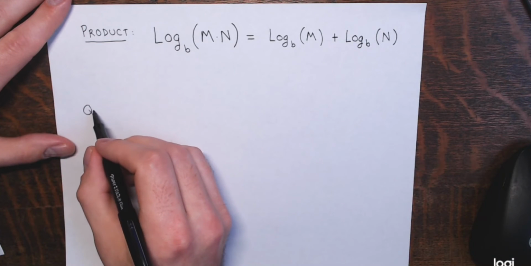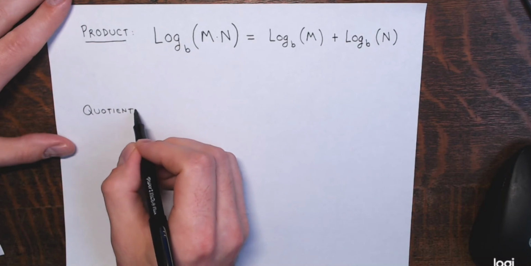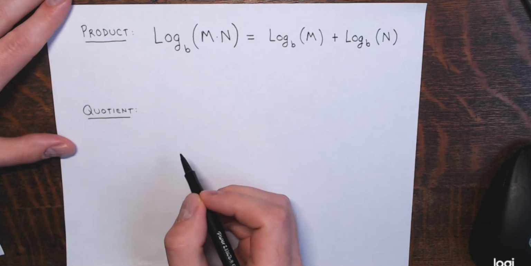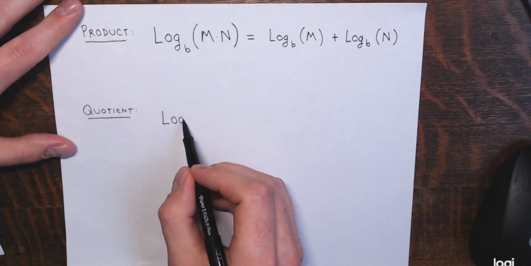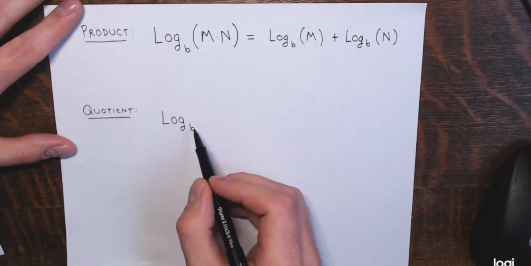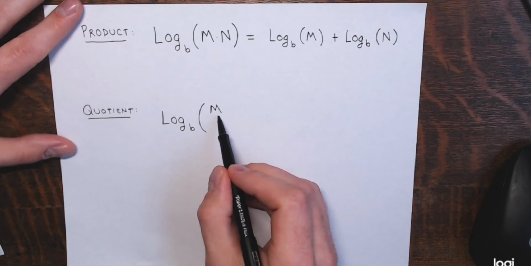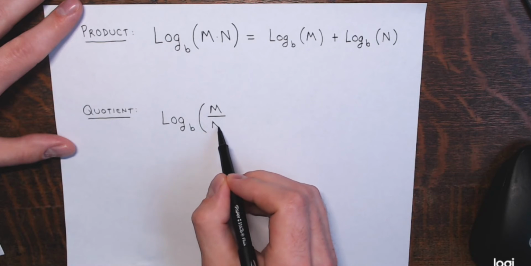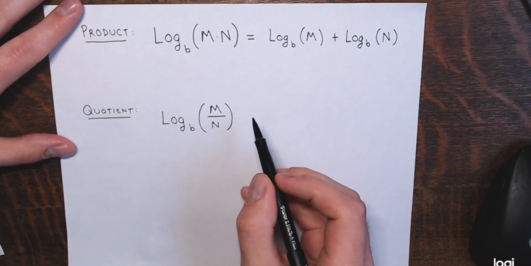Then we had the quotient rule, or fraction rule, if you want to call it that. You have a logarithm with any base, and the input is a fraction, a quotient, some sort of division with numerator m and denominator n.